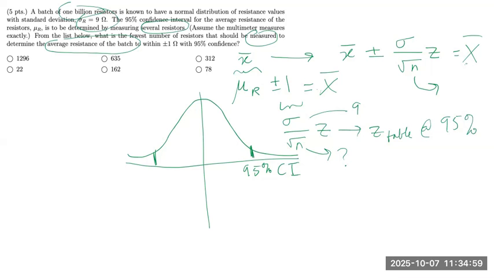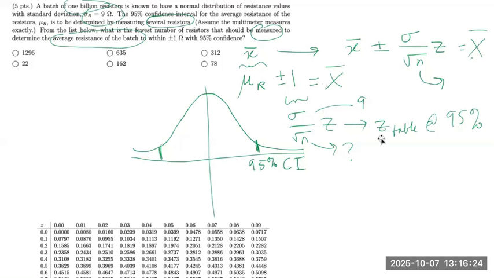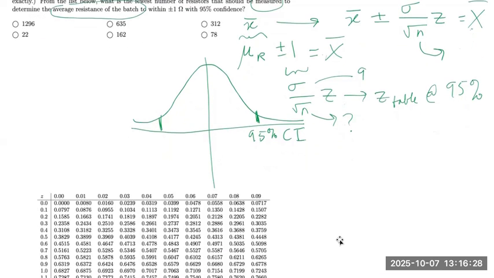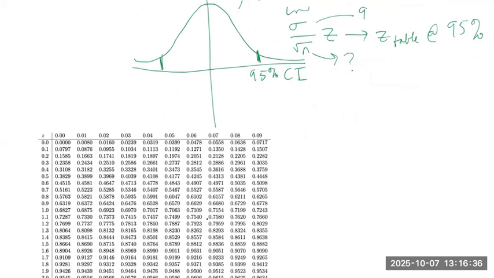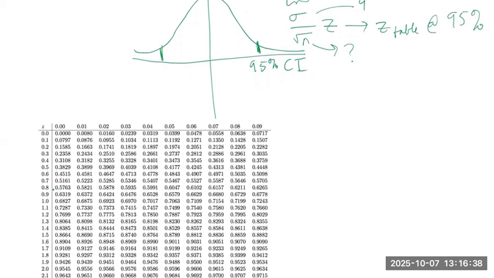So let's find what that z value is. So here's the z table. And basically, you want to find the value at a 95% confidence interval. So how to use a z table is 95% means 0.9. And then you look in this column, and then 0.5 is right over here.